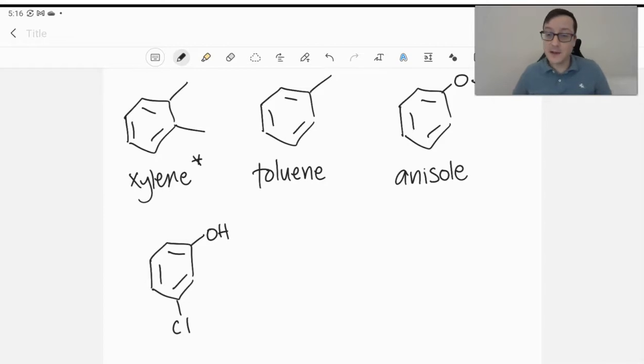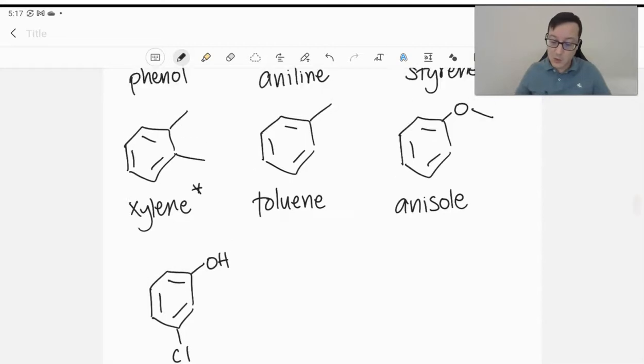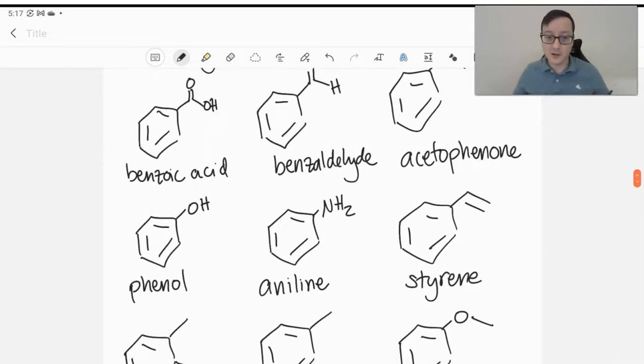We want to identify the parent name of the compound first, right? Just like we would identify our longest alkyl chain if we were looking at alkanes, alkenes, alkynes. Always look for the longest chain, right? That's your parent. Here with benzene, we're looking at potentially one of these to be our parent structure.